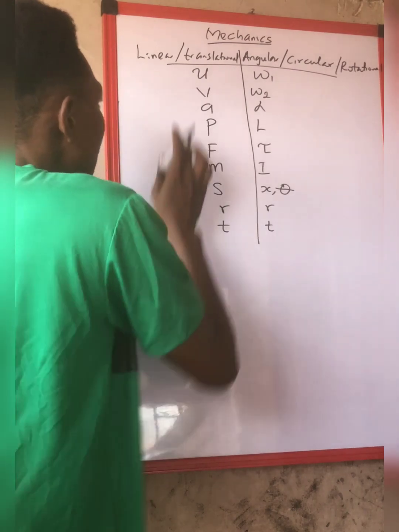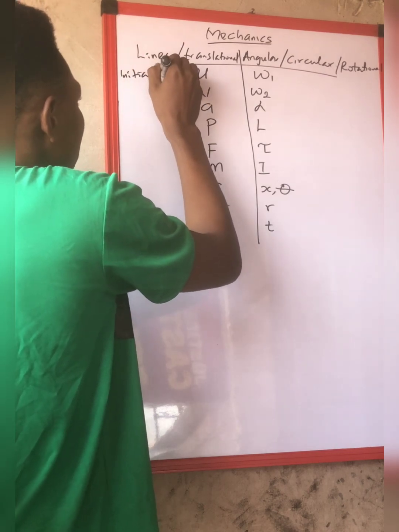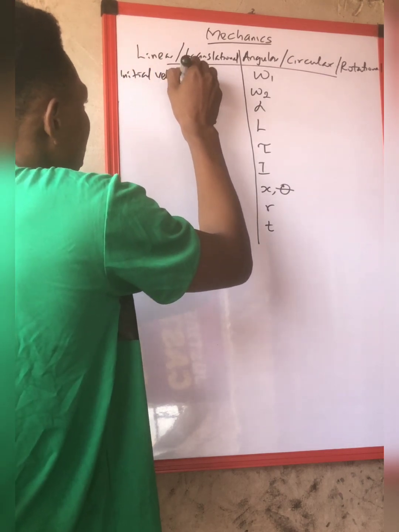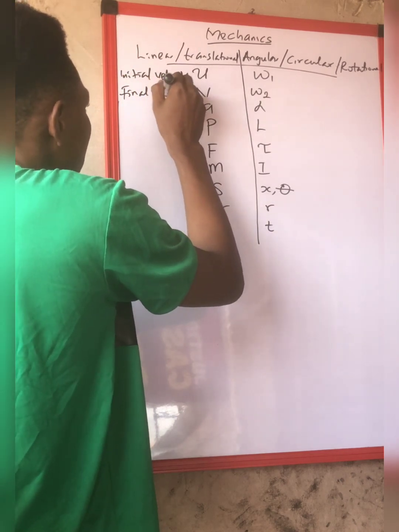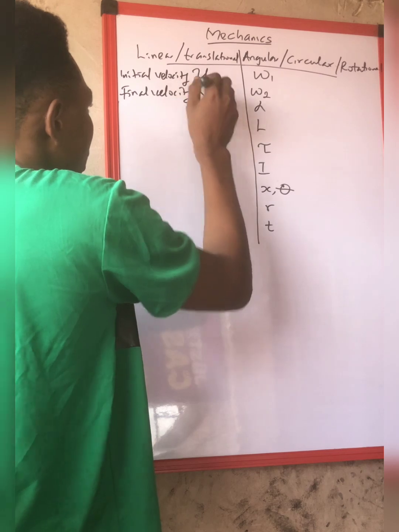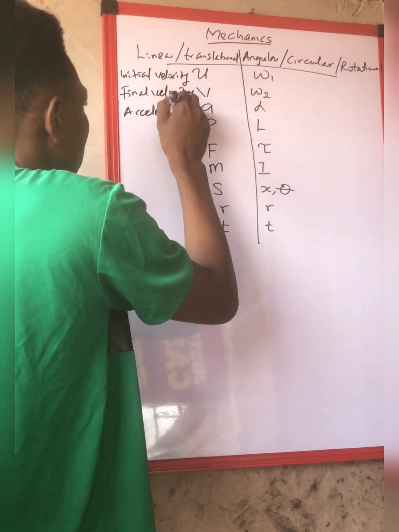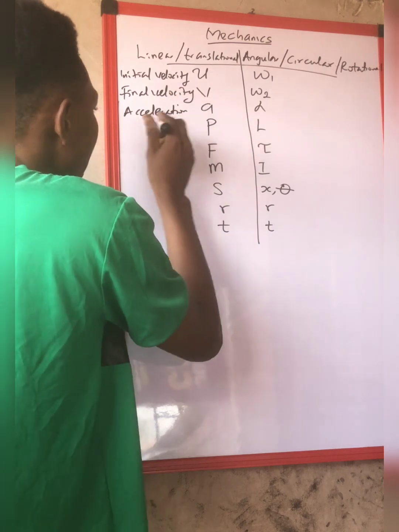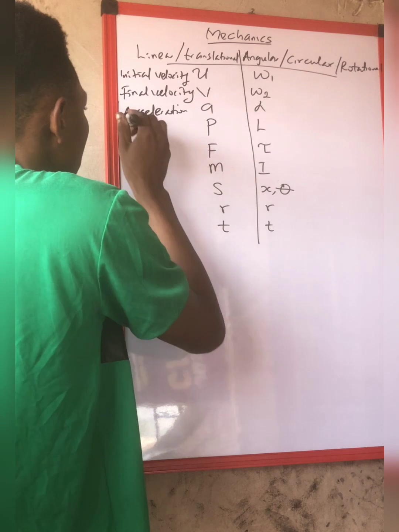Okay, then this is our initial velocity, and this is final velocity. This is acceleration, this represents momentum, like linear momentum.